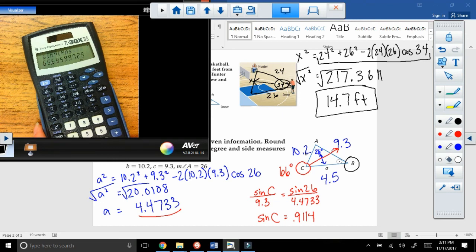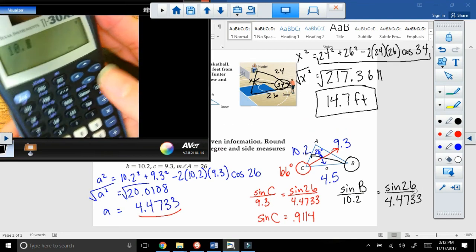For this angle here, you can do the law of sines again. You could set this one up. The sine of B over 10.2 is going to equal the sine of A, which is 26, over, and I'm going to continue to use that more exact number, 4.4733.